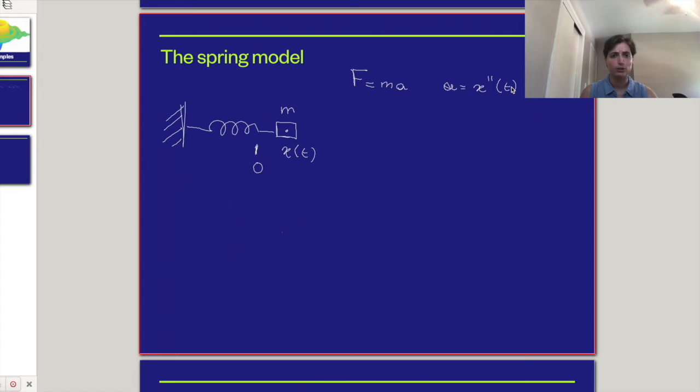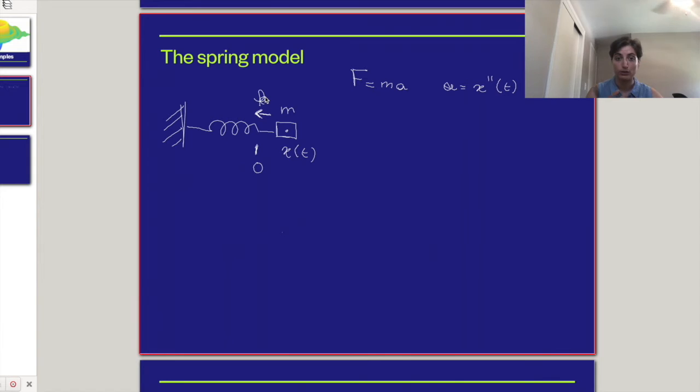And then we wonder what is the force that is going to push on x. And the force is very simple, because the spring is just trying to get back to the position it had. And it's trying that with a force towards 0 that depends on k. And the further away you are from the position 0, the stronger this force is.